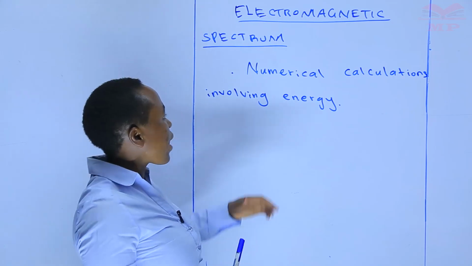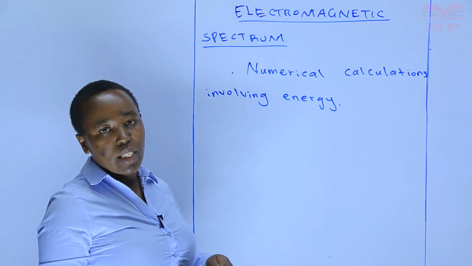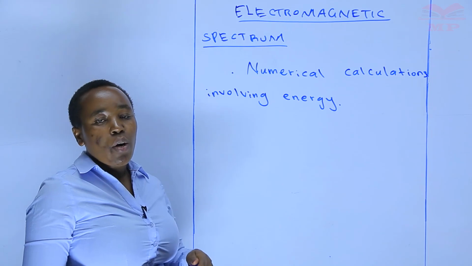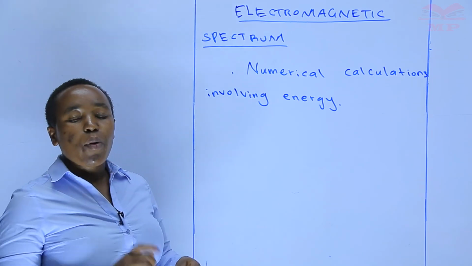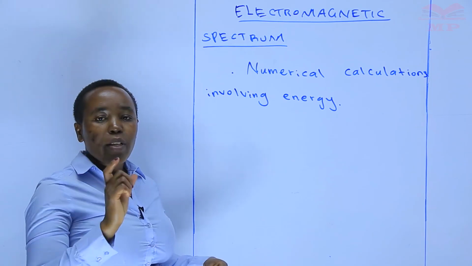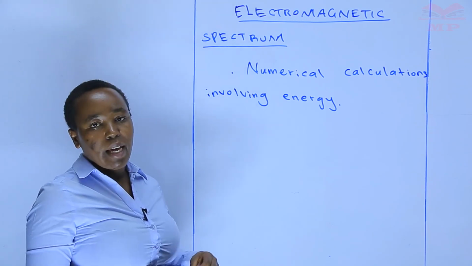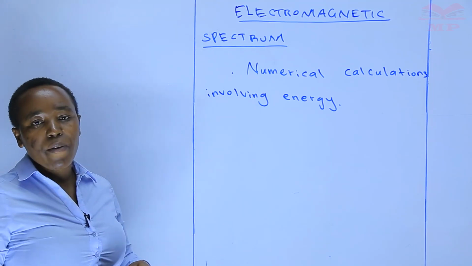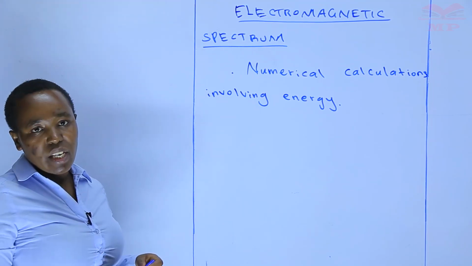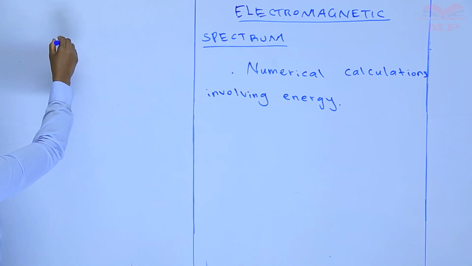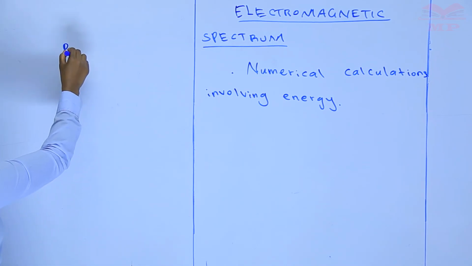Now, before we get to the numerical calculations, just a small recap of the previous lesson. We said that one of the properties of electromagnetic waves, among the 6 that we mentioned, is that electromagnetic waves possess energy in different amounts.